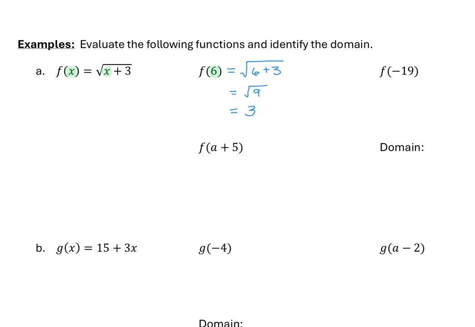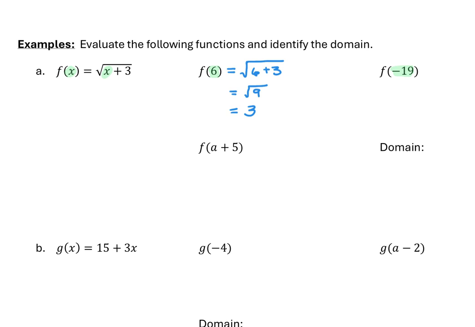All right, so now let's repeat the process, but we're going to plug in negative 19. Again, kind of the same idea, we want to take our negative 19 and plug it in for the x's.